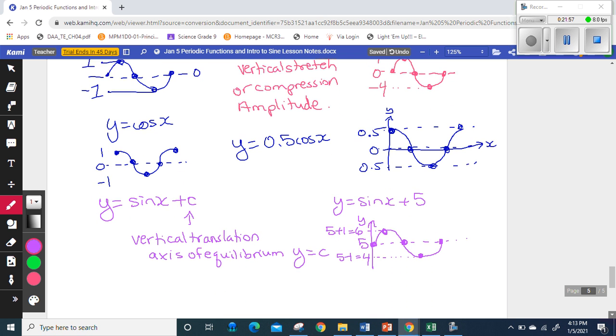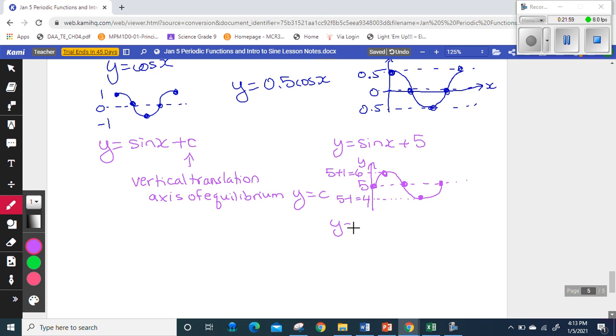Same idea if I'm doing a cosine. So let's do y equals cosine x, I don't know, -3. Sure. So there's my y-axis. There's my x-axis. And -3, so I'm going to bounce around my -3. That's my middle line.